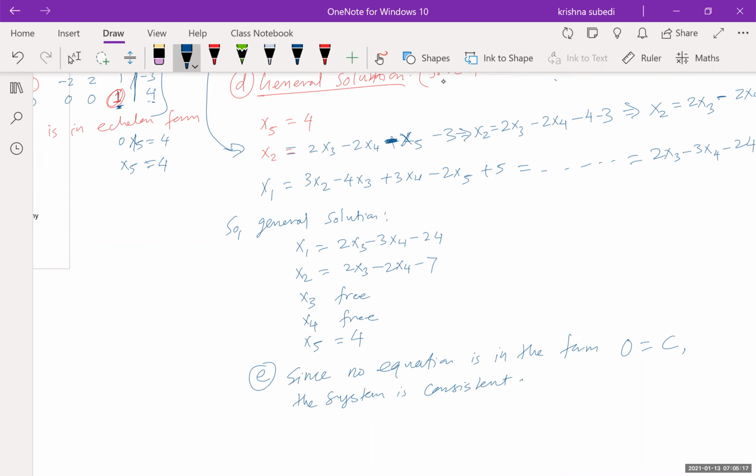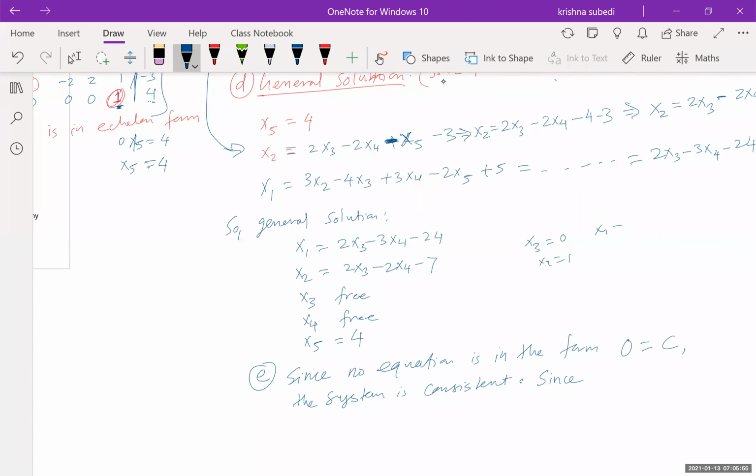Now the question is, if it is consistent, it has either one solution or many solutions. What do you think? Any solution? Why? Because it can be anything, like the constant. What is the meaning of a free variable? Infinitely many possibilities. Suppose you choose x3 equals 0, x4 equals 1. So x1 and x2 may have a different value.